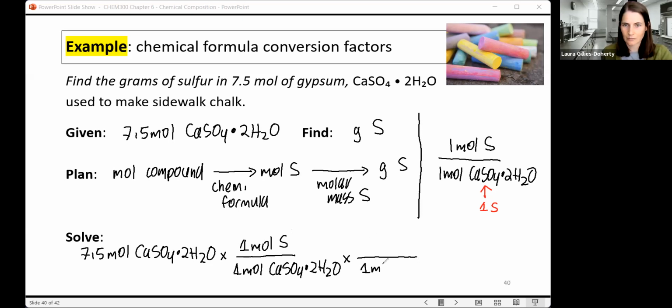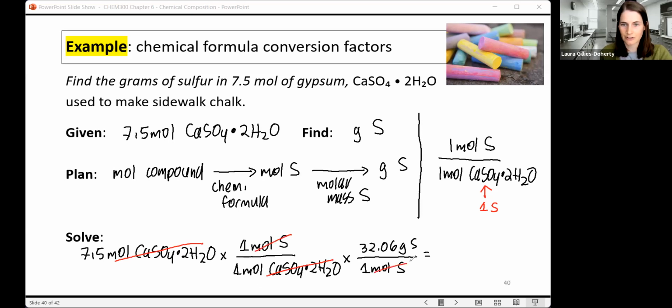So every 1 mole of sulfur weighs 32.06 grams. And that's straight from the periodic table. Sulfur is an element, so I looked up the atomic mass and then converted it to grams per mole to apply the molar mass. So if we check how our units cancel, we have moles of calcium sulfate dihydrate and moles of calcium sulfate dihydrate canceling out.